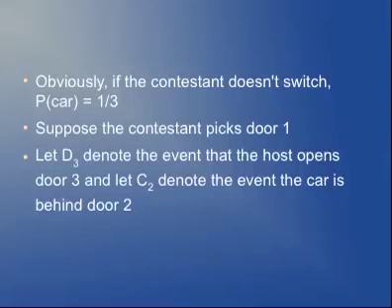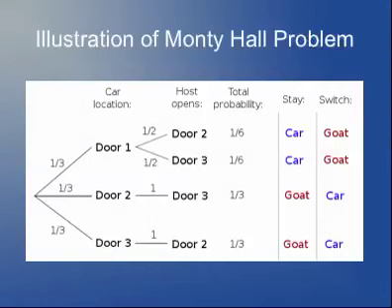And if you switch, you lose. On the other hand, if you're wrong the first time, that implies there are 2 doors remaining. The host will always pick the one that has the goat behind it rather than the car. So if you switch, you win. So the only way that you lose when you switch is if you were right the first time. The probability of being right the first time is 1 out of 3. The probability of winning if you switch would be 2 out of 3.